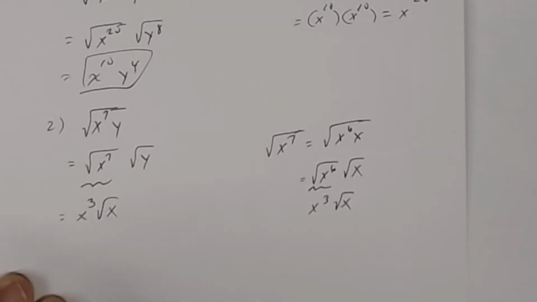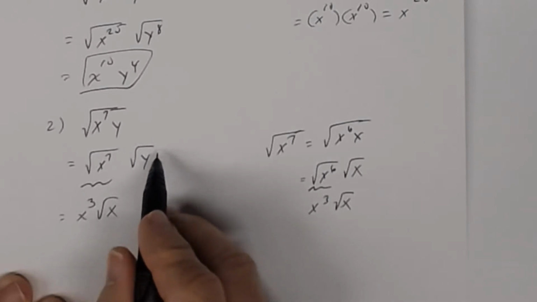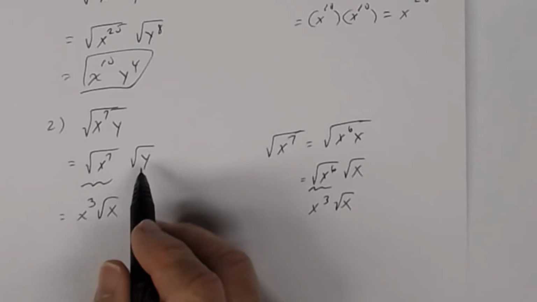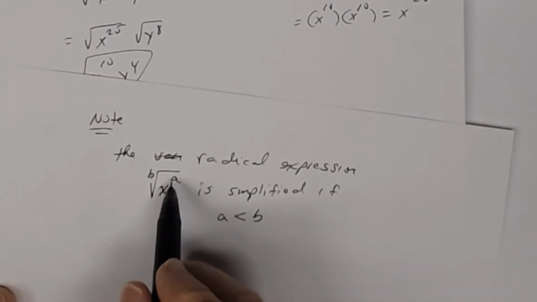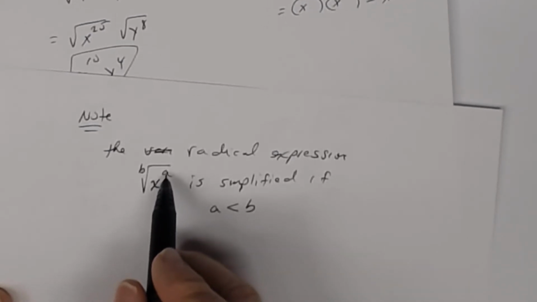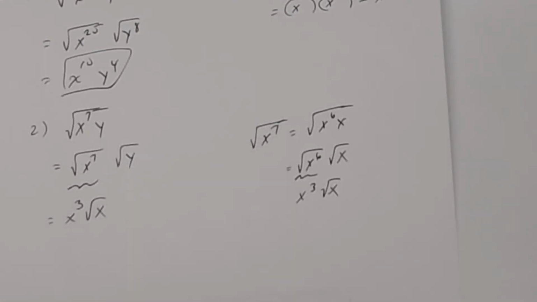Okay, now let's look at the square root of y. Can I simplify the square root of y? Yes or no? First thing you got to ask yourself that. I can simplify if the exponent is greater than or equal to the index, and in this case it's not. 1 is less than 2, so I cannot simplify that.